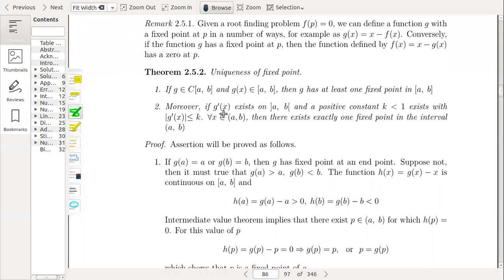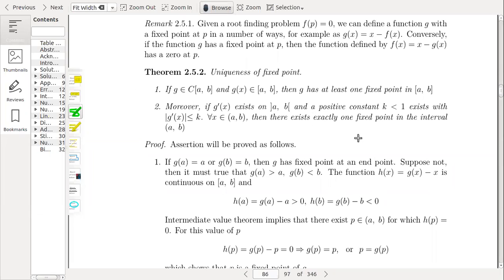Moreover, if g prime of x, the derivative of the function, exists on [a, b] and a positive constant k less than 1 exists such that the absolute value of the derivative of the function is less than or equal to k for all x belonging to [a, b], then there exists exactly one fixed point in the interval [a, b]. So if we are interested in finding only one fixed point, or in knowing whether the function has one fixed point or more than one, the function must satisfy two conditions. Number one, the function must be continuous.